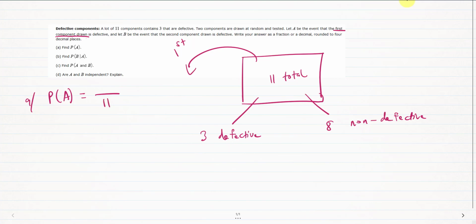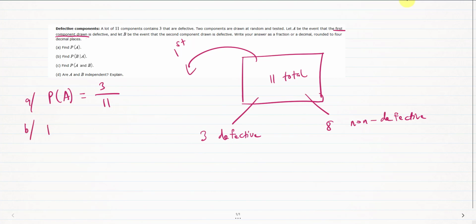We have 11 total, and you want the first one to be defective. That means we have 3 of them out of 11. So this is the chance that you will get the first component to be defective: 3 out of 11 total.